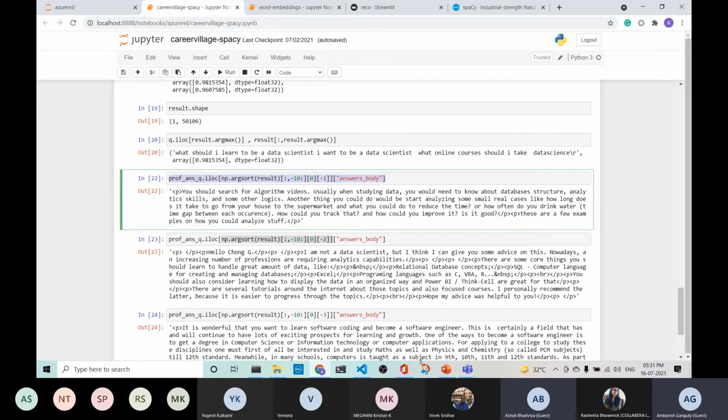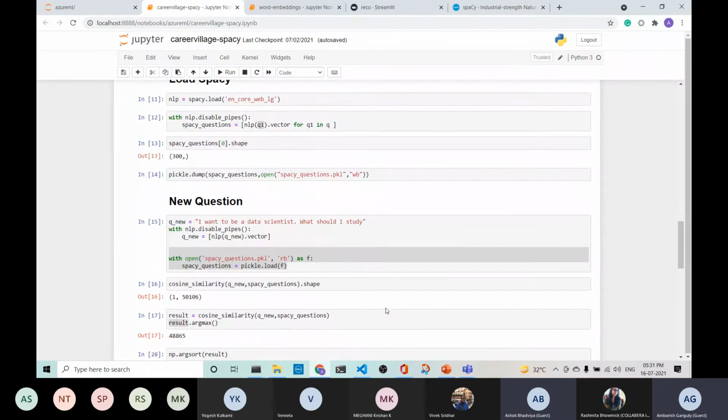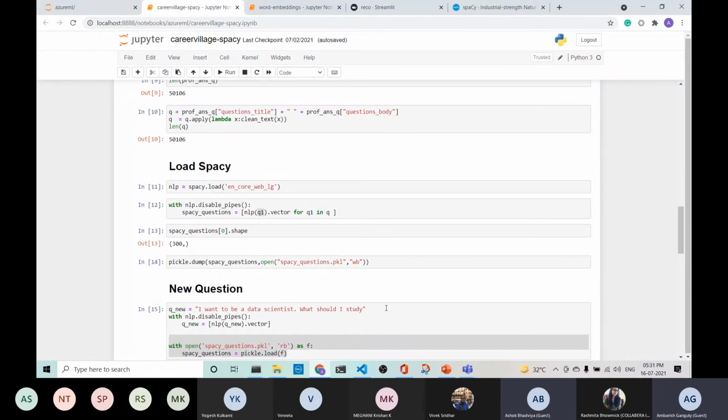This is in the Jupyter notebook, so it's not looking very nice, but you saw the demo. It's the same code, but in the Streamlit UI. So in summary, we are loading the spaCy pre-trained model, then for each of the questions I'm creating a sentence vector.